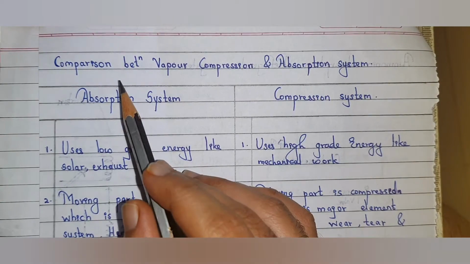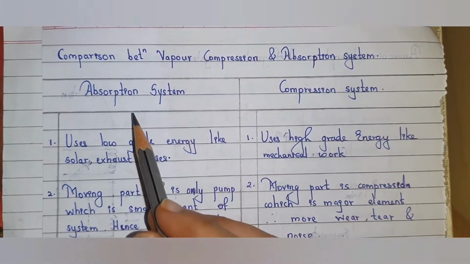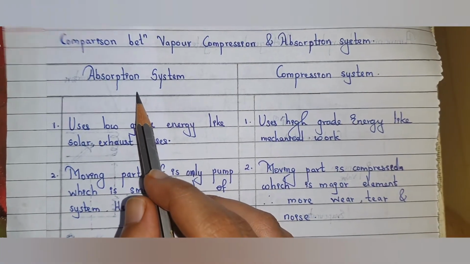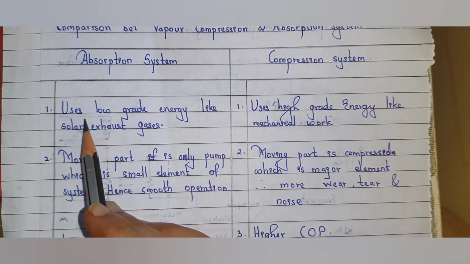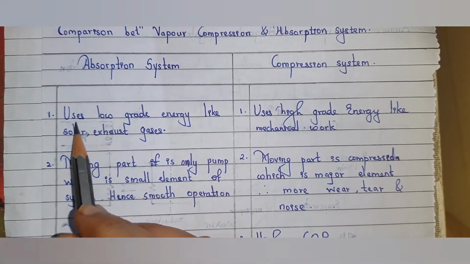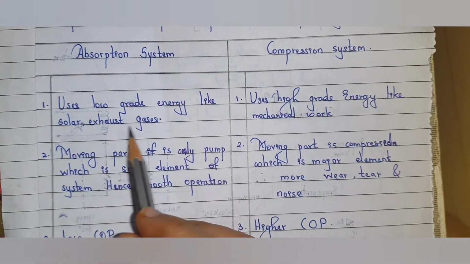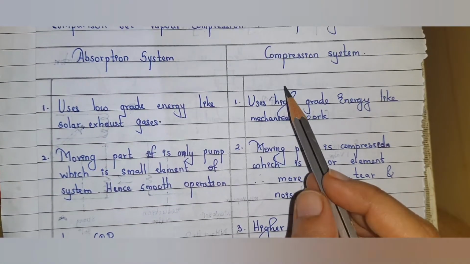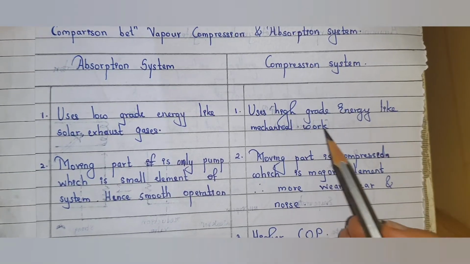Now, comparison between the vapor compression cycle and the absorption system. Absorption system, compression system. First, the absorption system uses low grade energy like solar or exhaust gases, but the compression system uses high grade energy like mechanical work.